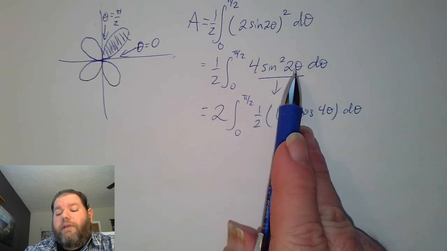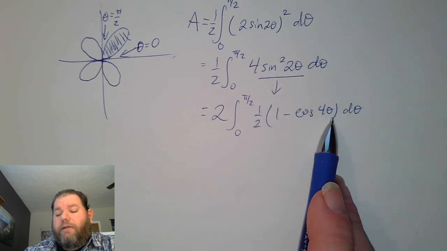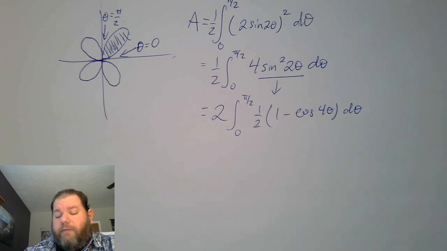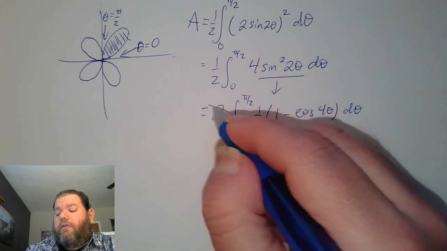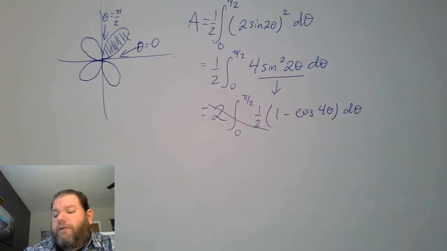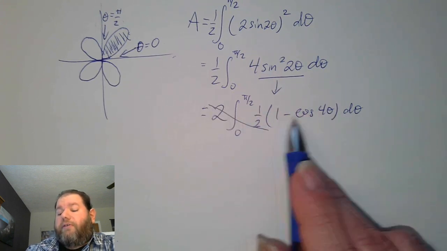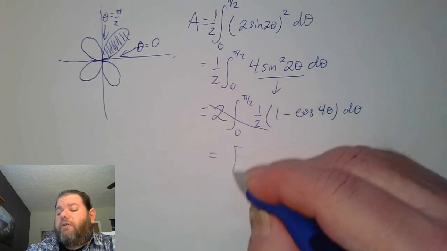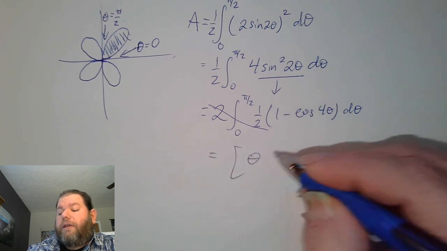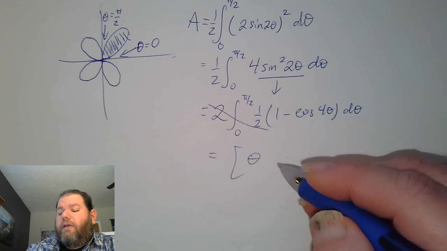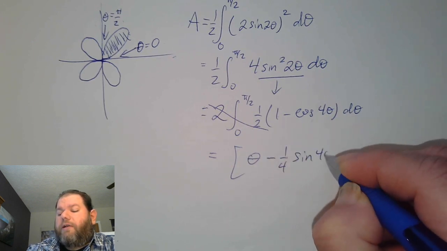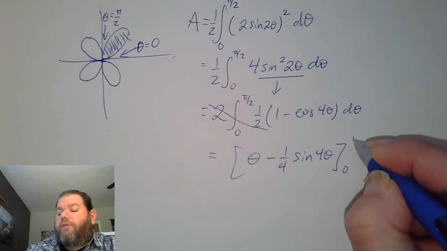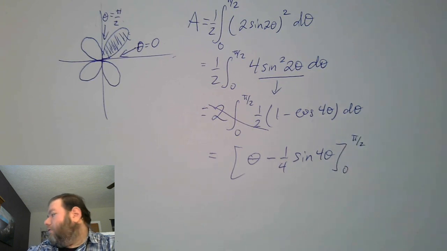Sine squared of 2 theta would become cosine 4 theta. Otherwise, the pattern is the same. And this 1/2 and the 2, those will cancel each other out. So we can just integrate this like it is. So it's theta, integral of 1 is theta, and minus 1/4 sine of 4 theta, 0 to pi over 2.